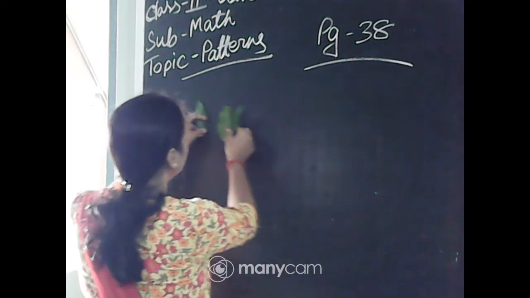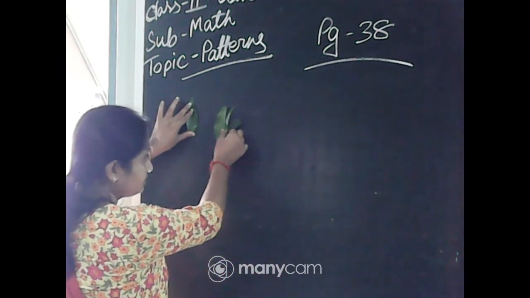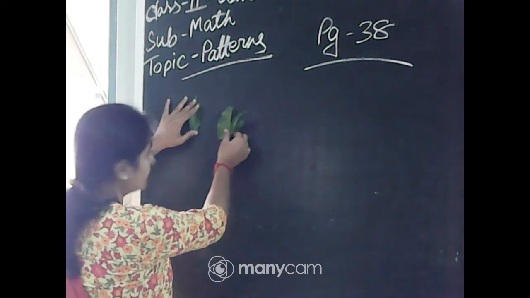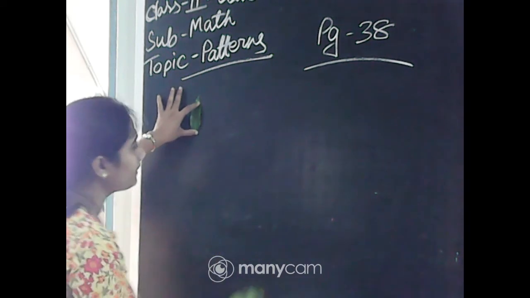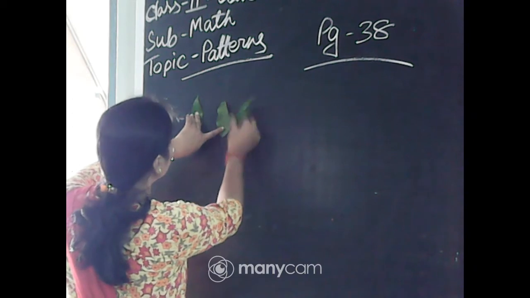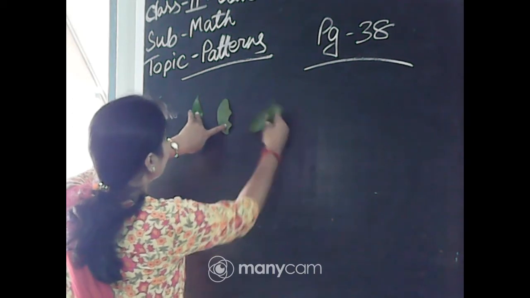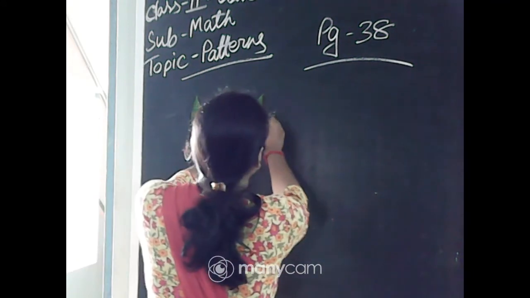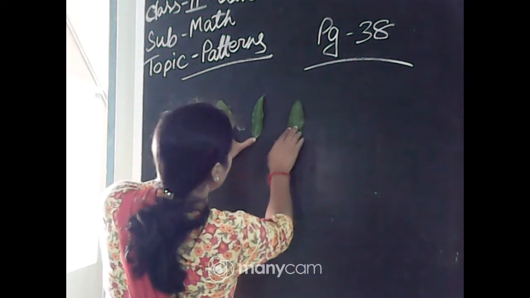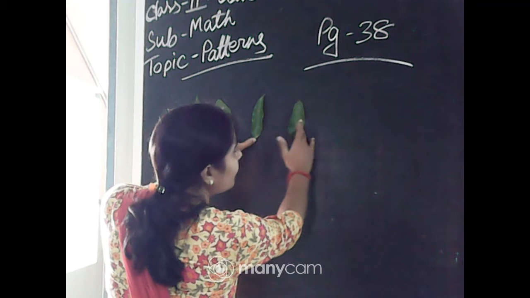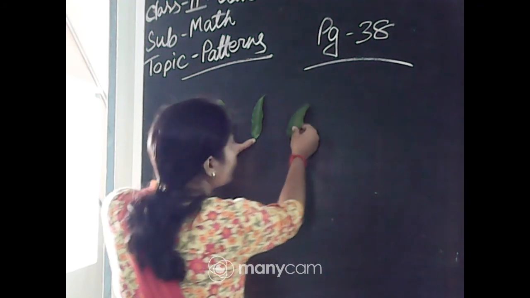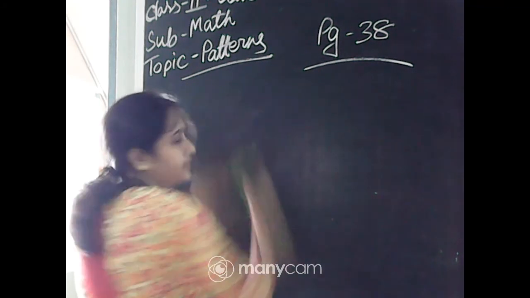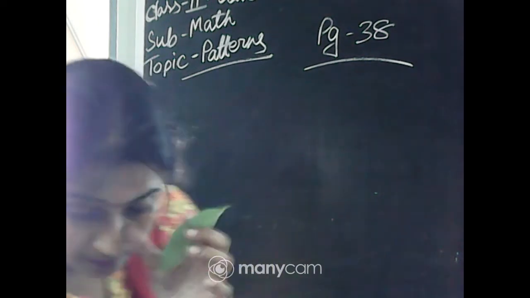Please all of you draw in the blank space. One mango leaf I will draw and one guava leaf. Again a mango leaf, and I cannot hold all this. One mango, one guava, one mango, one guava. In this way you make the pattern. Please draw.